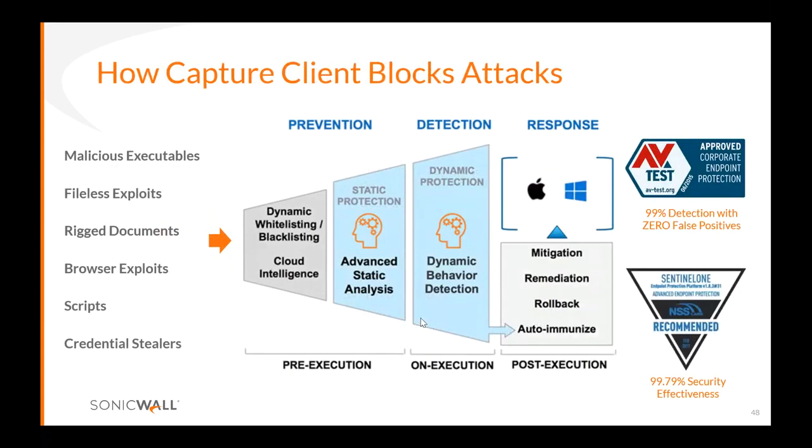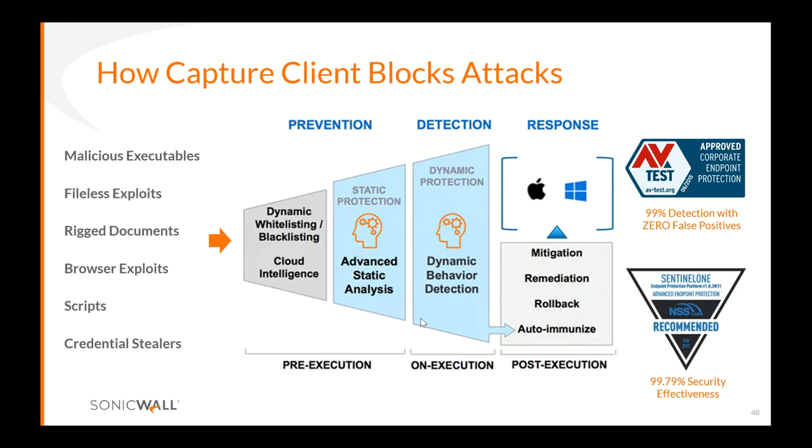So how does Capture Client block attacks? So we have detection. We are not relying on one single detection mechanism to protect everything. There will be a systematic way of protecting against threats. For prevention, we are using static and advanced static analysis, dynamic whitelist, blacklist, and cloud intelligence also.